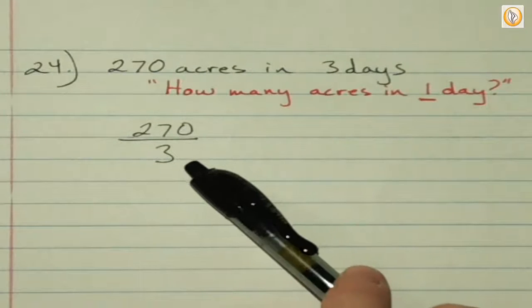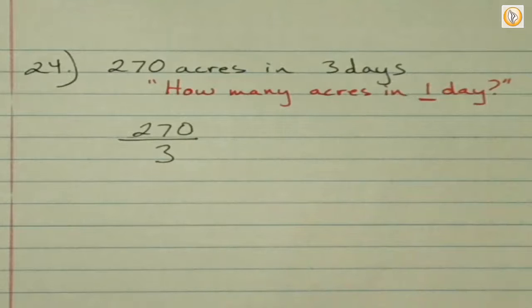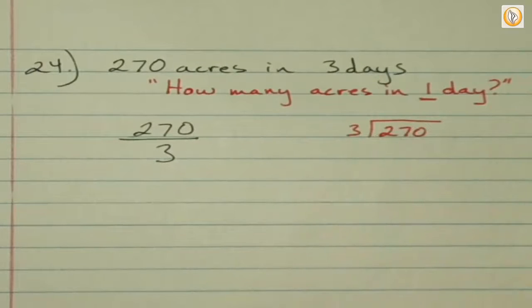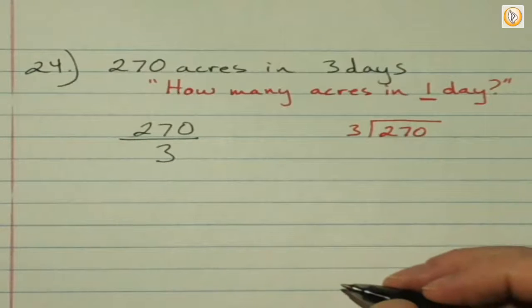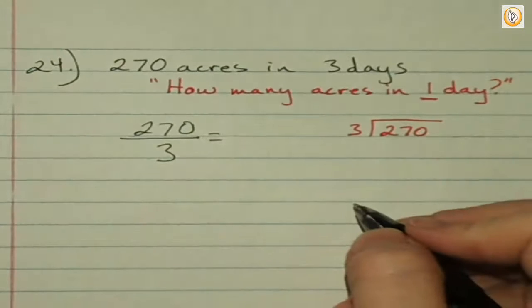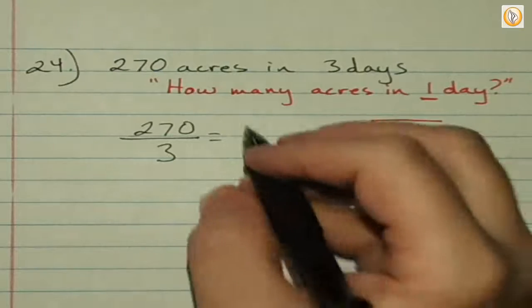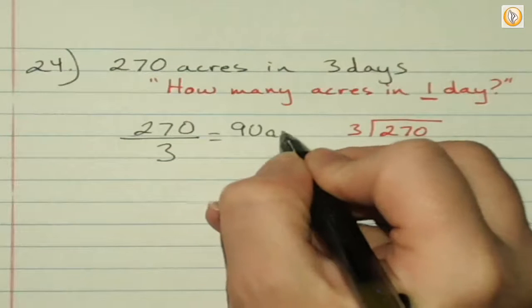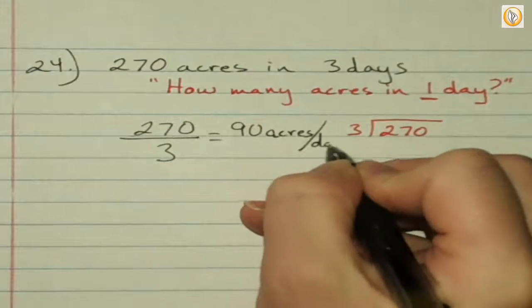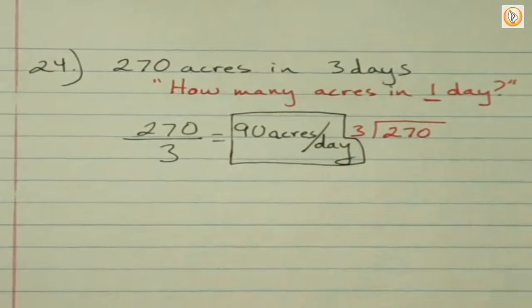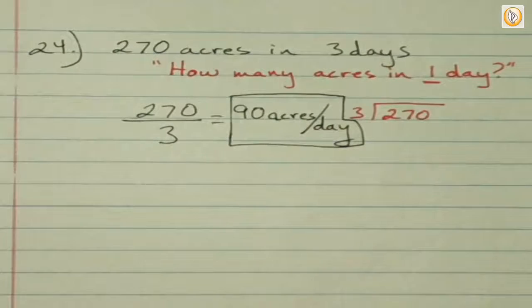So we're dividing 270 by 3. And you tell me what you get. So you get 90 acres per day. 90 acres in 1 day is fine as well.